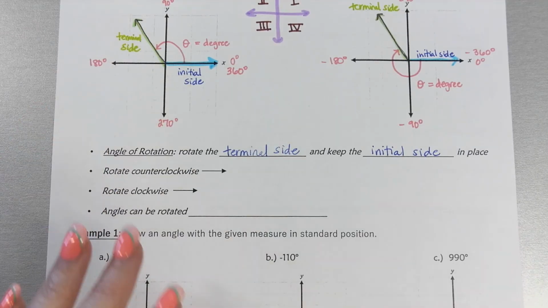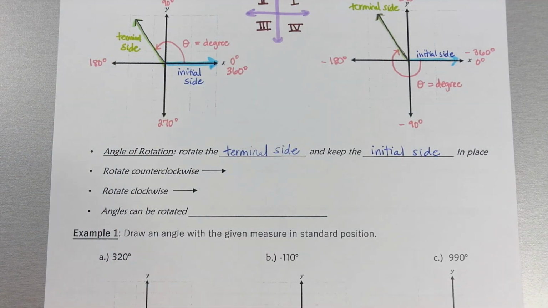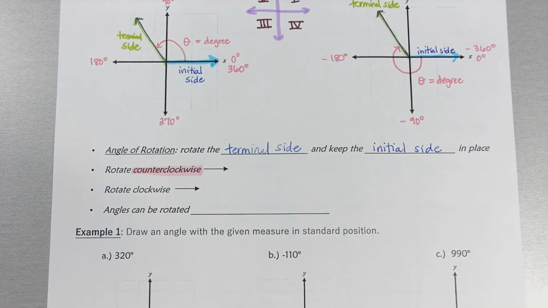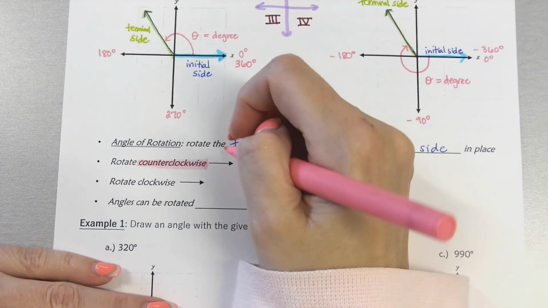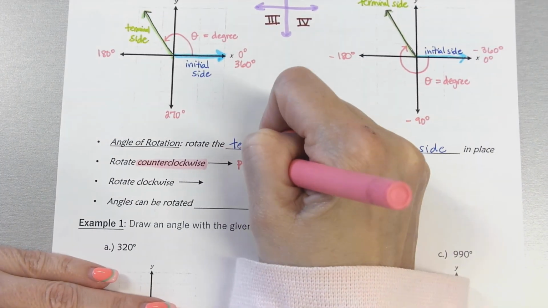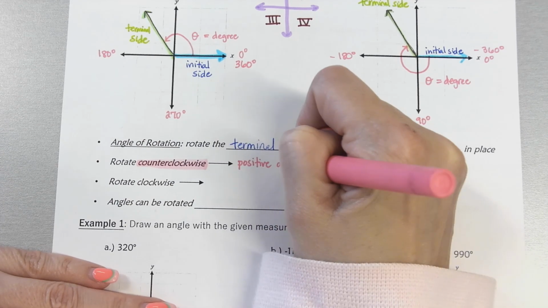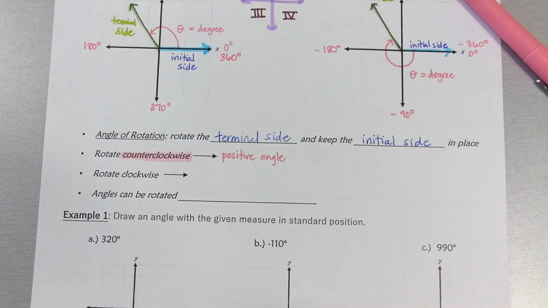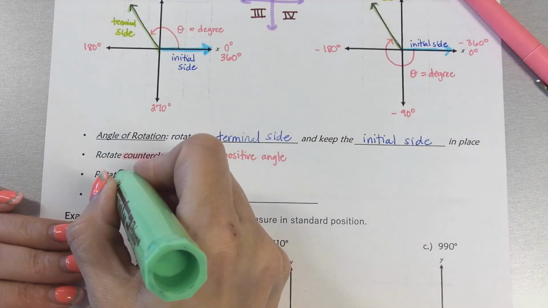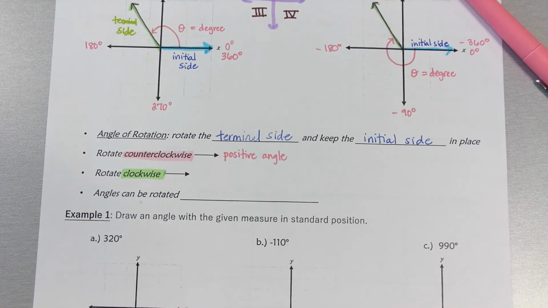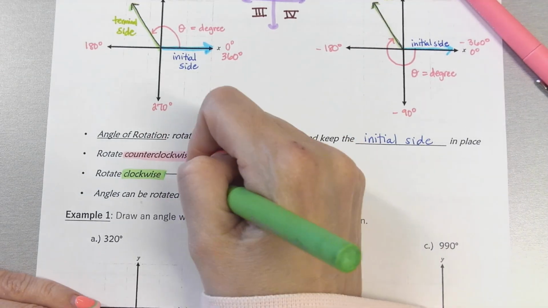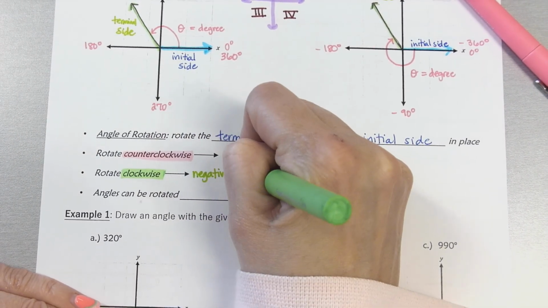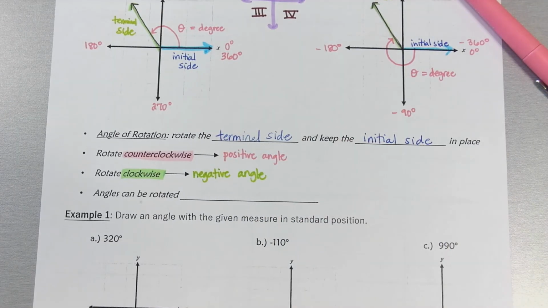When you are rotating counterclockwise, which is what we did in this first one, that is when you have a positive angle. Okay, and when you rotate clockwise, that is when you have a negative angle. And we're going to practice doing those together.